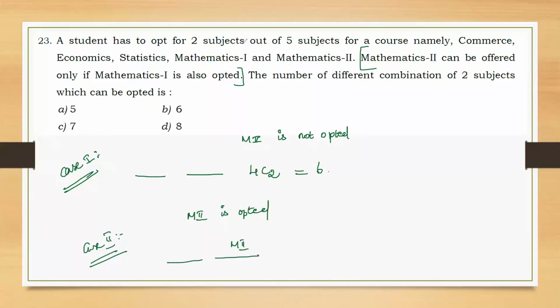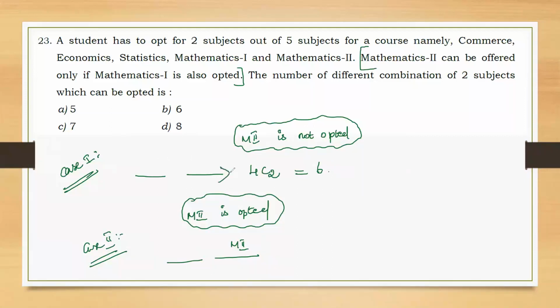See here I mentioned M1, right? Actually, it's M2. The conditions were only M2. The first case, M2 is not opted. Second case, M2 is opted. Listen carefully. If M2 is not opted, then out of 4 subjects, any 2 can be chosen.